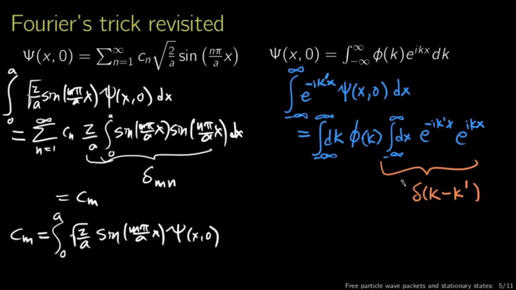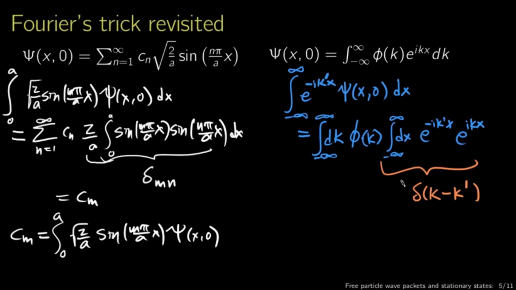And we will meet these Dirac delta functions in more detail later. If you're interested, there is a video lecture posted on the Dirac delta function and what its properties are. But for our purposes here, this expression evaluates to a Dirac delta function. A Dirac delta function is defined essentially as an infinitely narrow distribution.